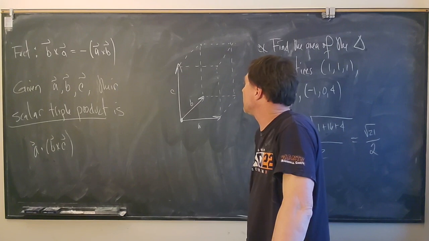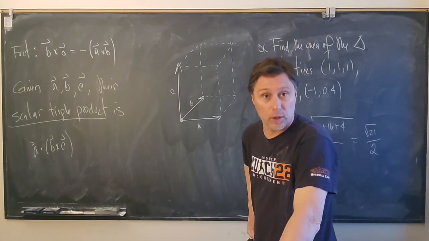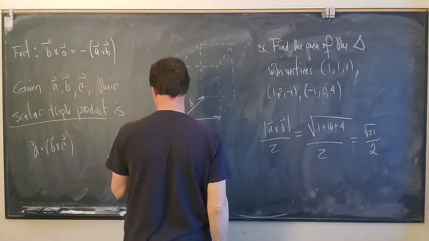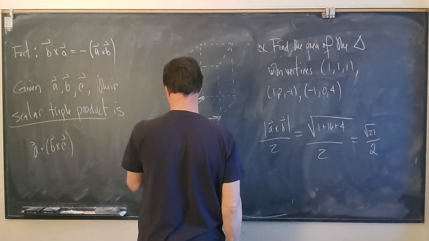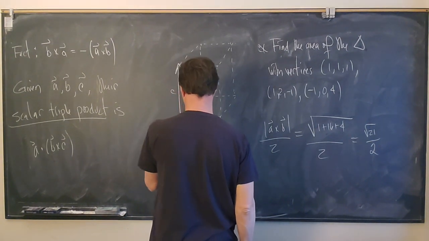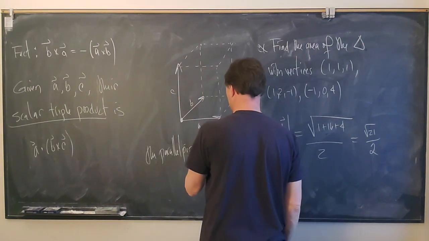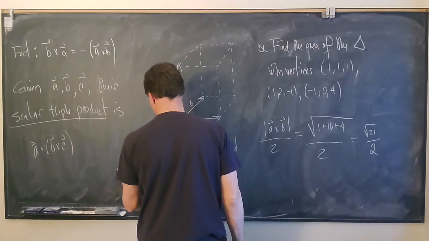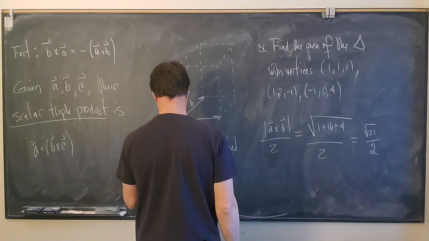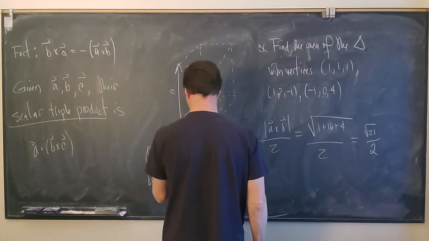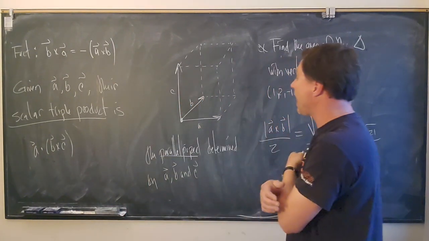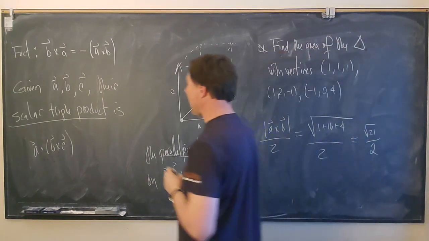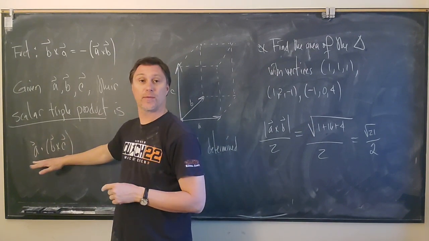What it has is sides that are parallelograms. It's called a parallelepiped. So this is the parallelepiped determined by A, B, and C, and it turns out that this parallelepiped has volume exactly equal to the absolute value of the scalar triple product.